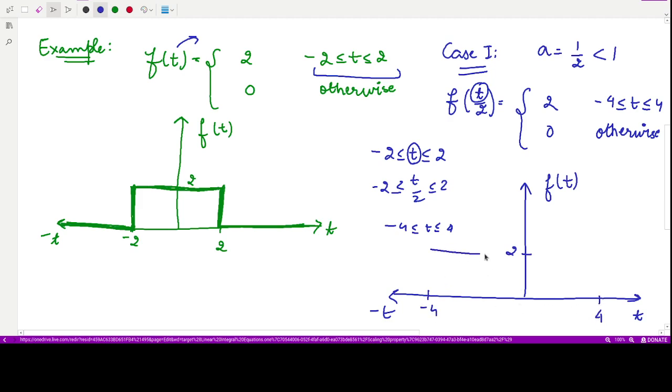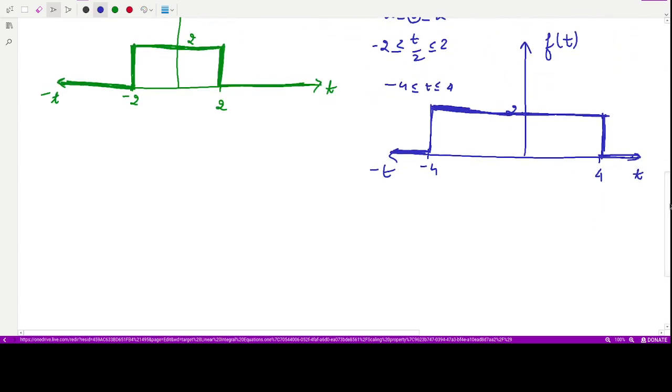In between -4 and 4 your function's value is equal to 2, right? Obviously this is a straight line, and otherwise at all other points its value is 0. So you can clearly see that it has been expanded when you multiply by a factor of 1 by 2, which is less than 1.